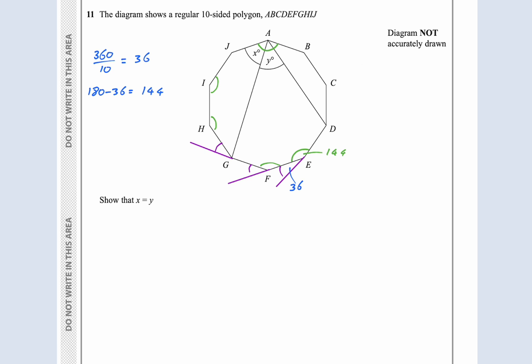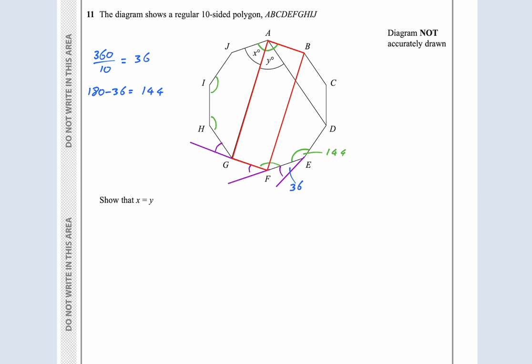Okay, next thing to note is, guys, that there's a few different ways you could prove this, but possibly the easiest way is to note that this is a right angle. And it's a right angle because it's a 10-sided shape. These GF and AB are actually parallel. And this is just a rectangle like this.